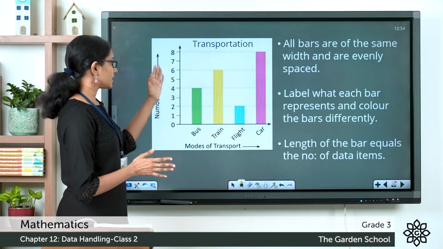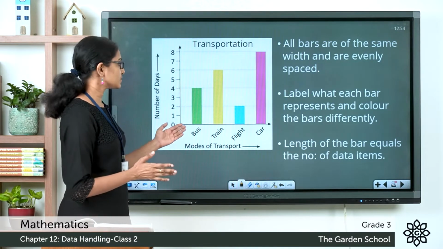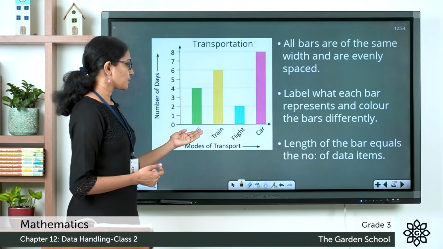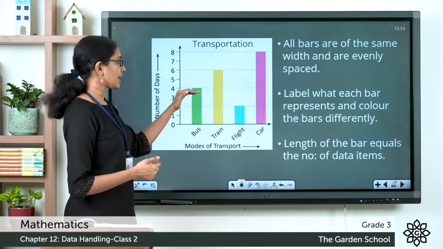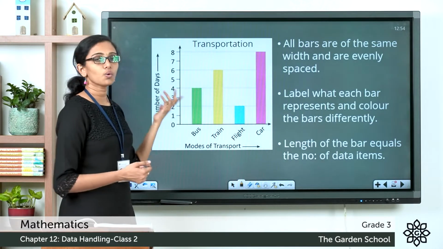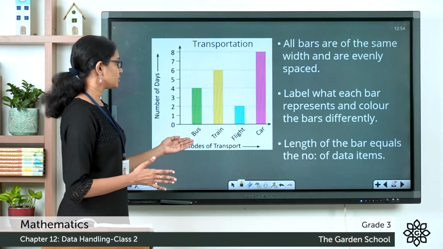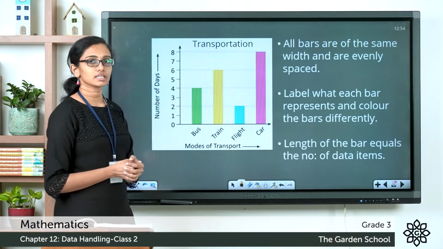And on the vertical line, you can see the number of days he used each kind of transport. On the horizontal line, corresponding to the label bus, you can see the rectangular bar, and the height or length of the bar ends at the point corresponding to 4 days. So it means that he used bus as a mode of transport for 4 days.